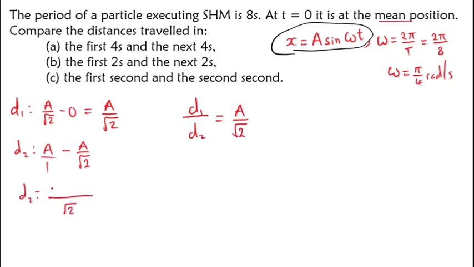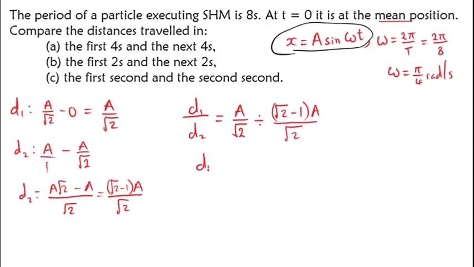So 1 there is A root 2 minus A. And this gives us root 2 minus 1 if we factor out the A, over root 2. So this distance 2 is the one that we divide here, so divided by A(root 2 minus 1) over root 2.